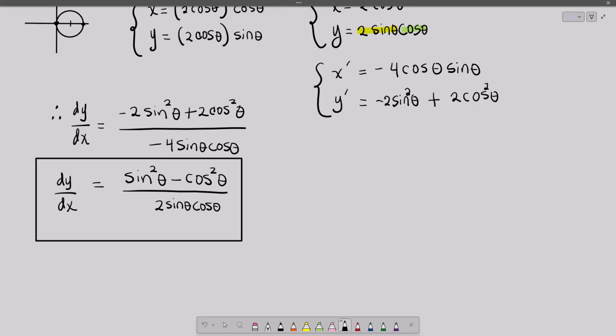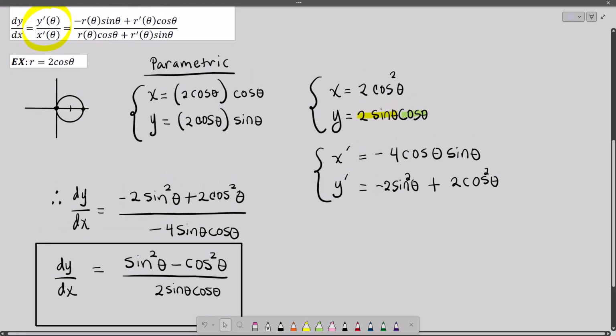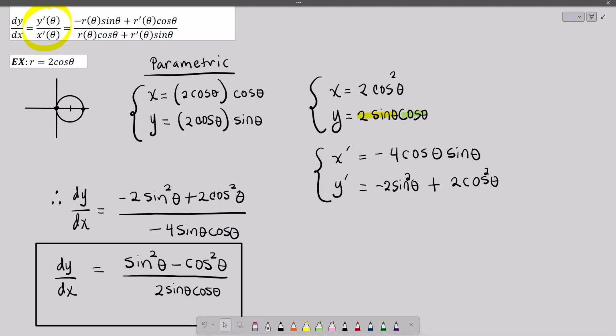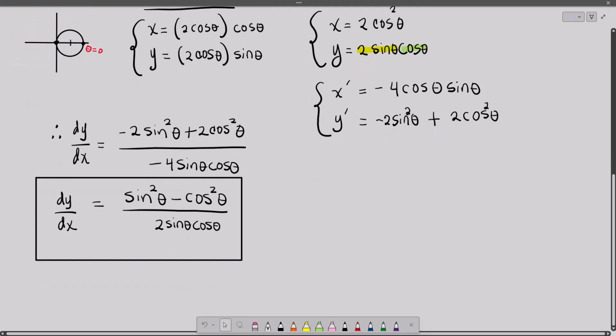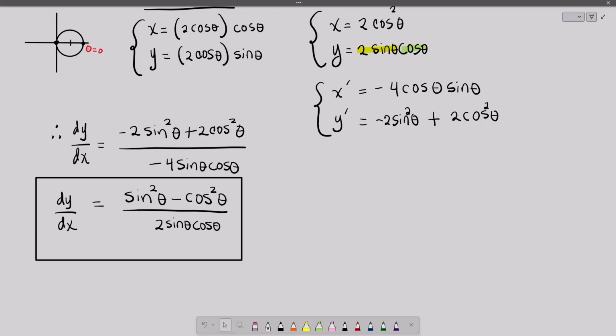All right, now this question said nothing about where to take the derivative, but let's do it at a few points. We saw that theta equals 0 was over here. What do you think dy/dx should be when theta is 0? This tangent line is vertical, so it's non-existent. Right, so we should get something undefined.